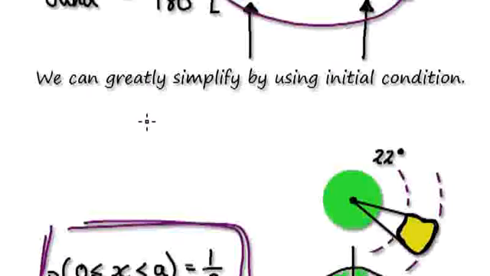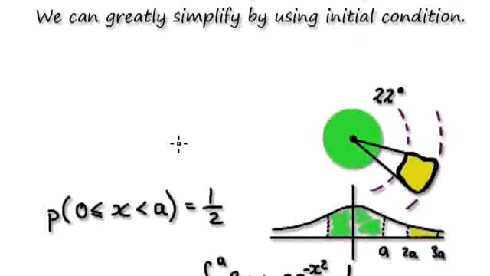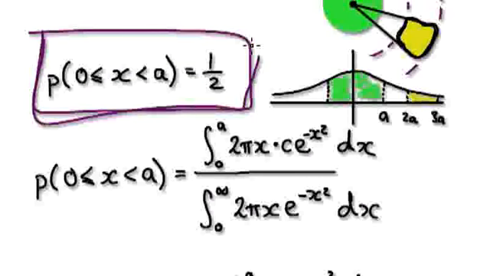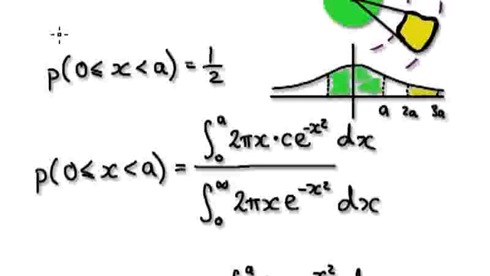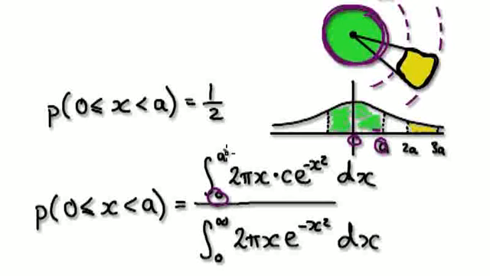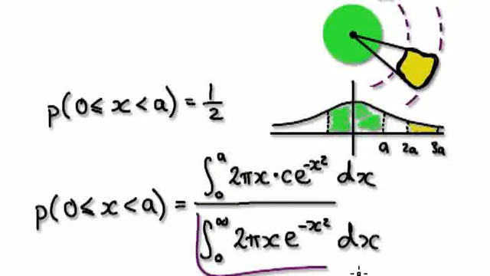The initial condition is really us looking at this bit here: you can get it onto the green 50% of the time. So it's really you evaluating this solid here, the integral from 0 to a, divided by the whole thing.